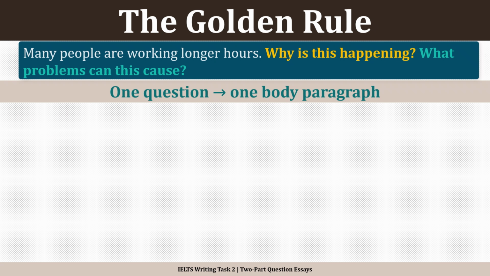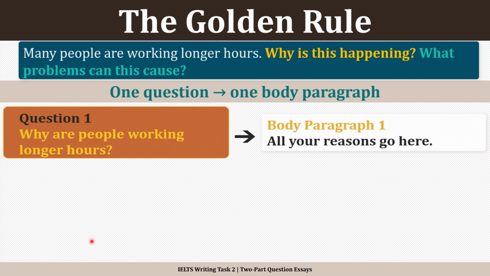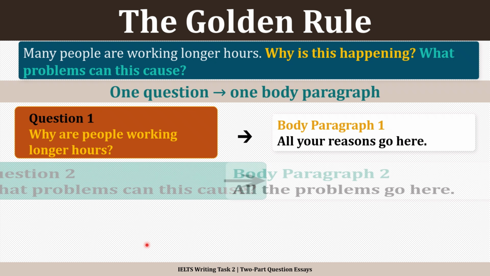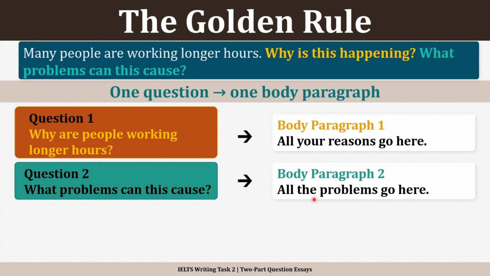This brings us to the golden rule of two-part question essays. 1 question equals 1 body paragraph. For today's question, body paragraph 1 should contain all the reasons why people are working longer hours and nothing else. Body paragraph 2 should contain all the problems caused by those longer working hours and nothing else.